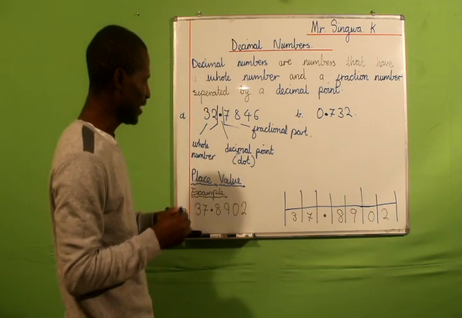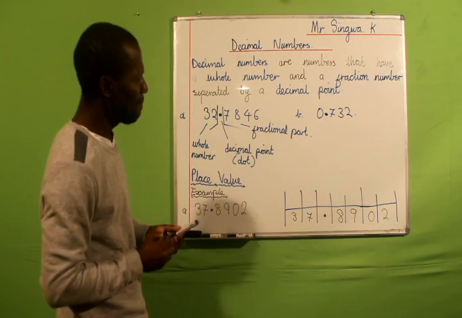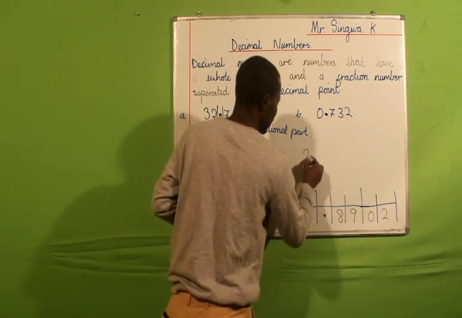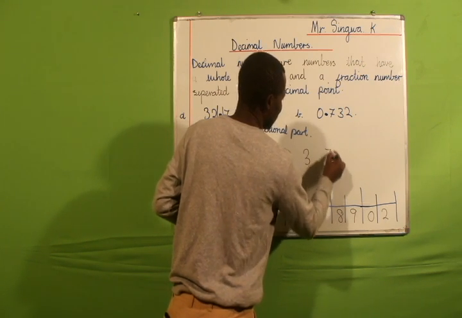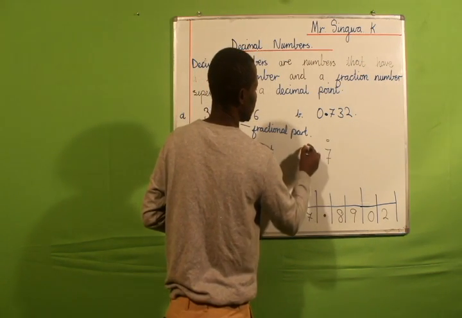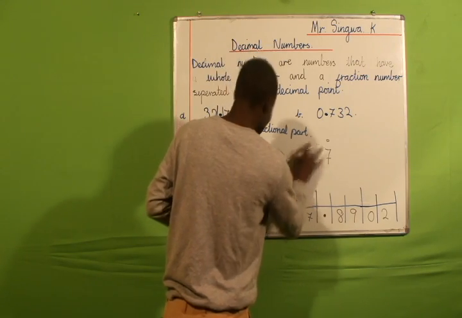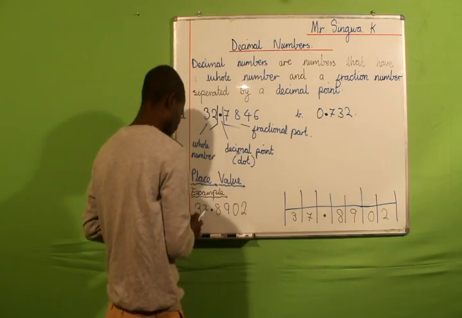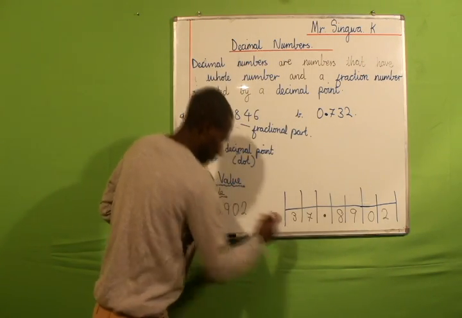So when you have figures like this, remember where we used to write whole numbers. Here is 3, 7. We used to put this is 1 and this is 10. The same routine that we are going to apply to this other part coming this side.